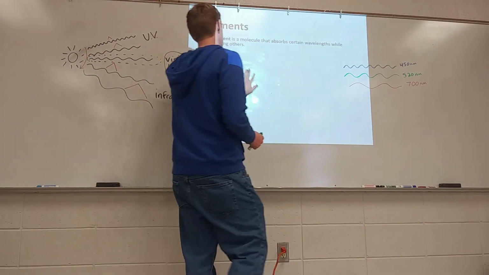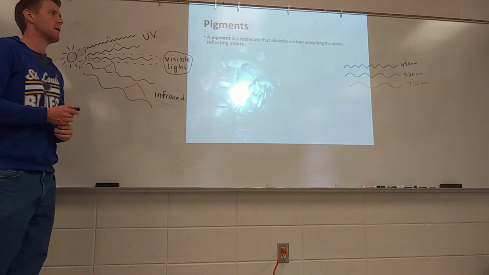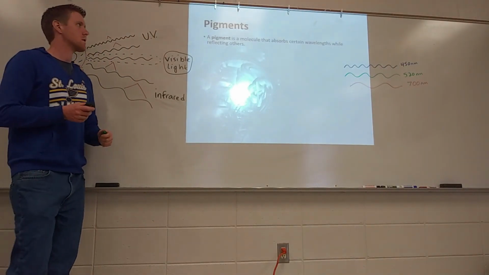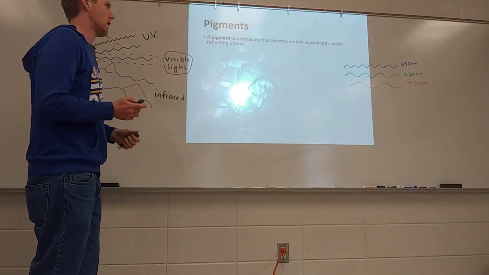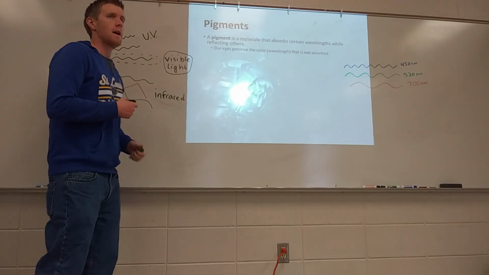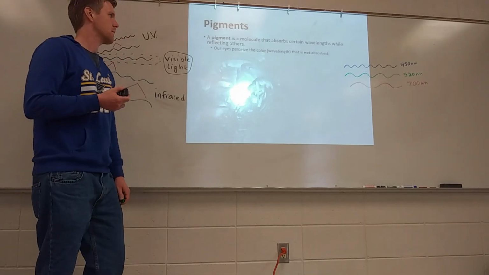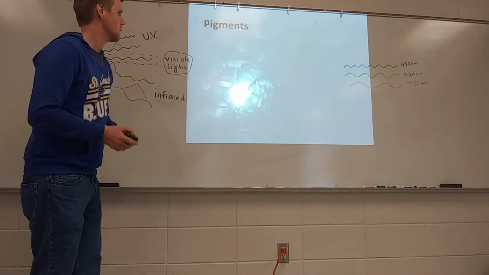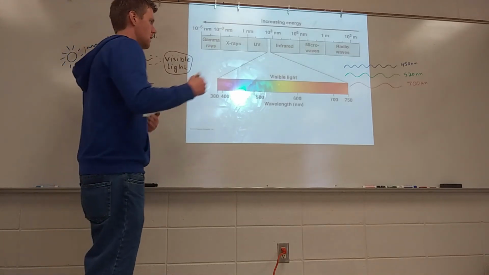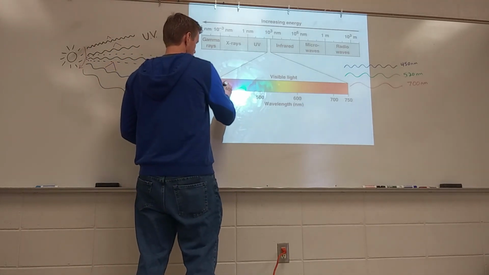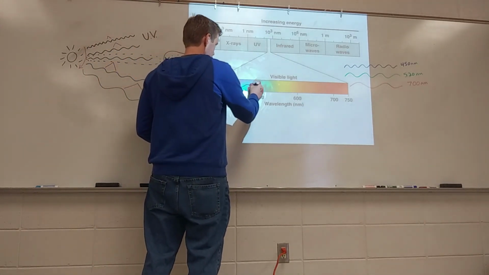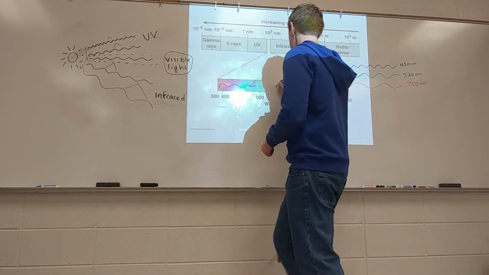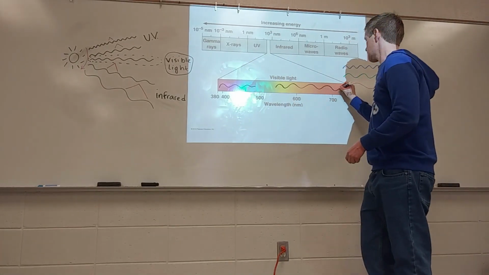So what is chlorophyll? It's a pigment molecule. It's going to absorb certain wavelengths and reflect other ones. What we actually see is the color that is not absorbed. So going back, chlorophyll is going to absorb all of these colors just fine, and then won't absorb those very well. And it'll absorb these just fine as well.